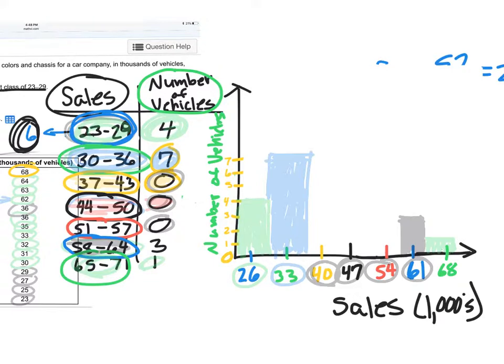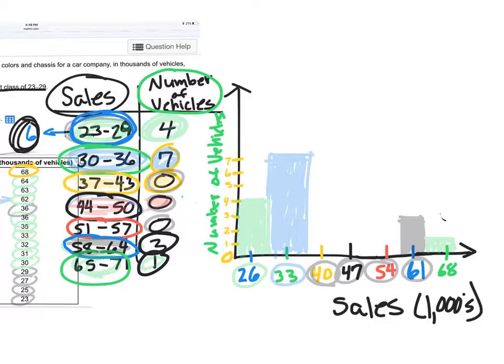So technically, I guess there are bars there, but they're just 0. And my one that I constructed right here was 3 high to coincide with the number of vehicles being 3. And my final bar here was 1 high to correspond with the number of vehicles in that interval being 1. So we have finished part B. We have constructed a histogram to represent our data.